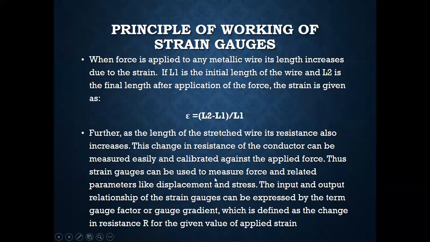The strain gauge can be used to measure force and related parameters like displacement and stress. The input and output relationship of a strain gauge can be expressed by the term gauge factor.